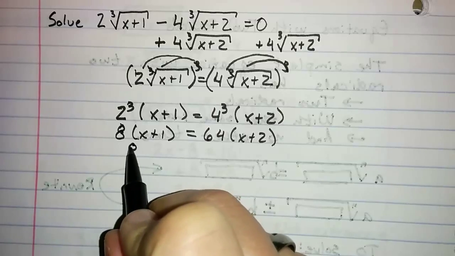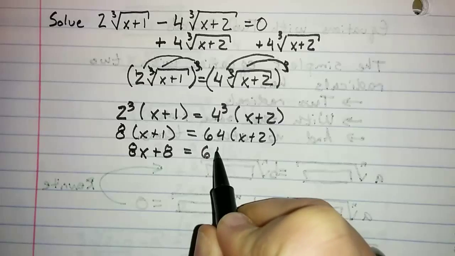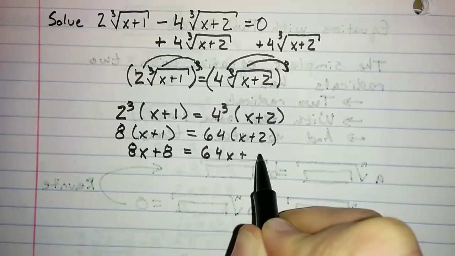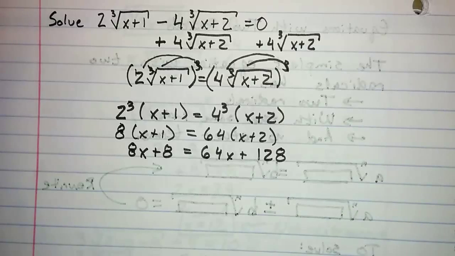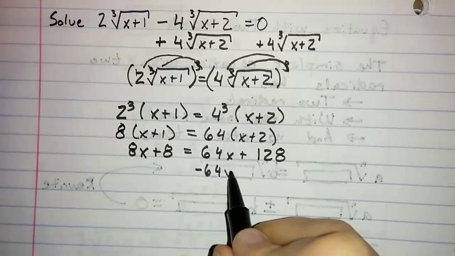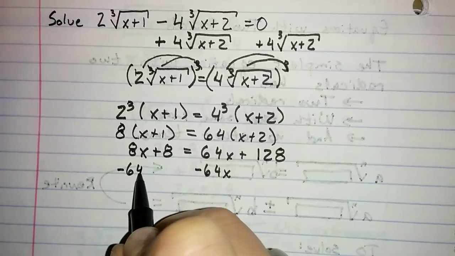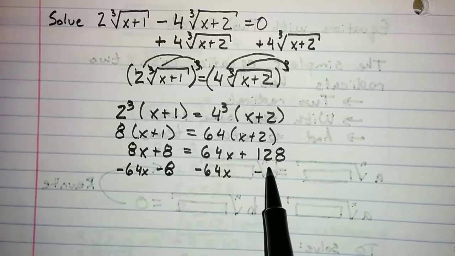Distributing now, I get 8x plus 8 is 64x plus 64 times 2 is 128. Alright, well now I need to get all the x terms on one side, all the not x terms on the other. I'll subtract 64x on both sides, and I'll subtract 8 on both sides.